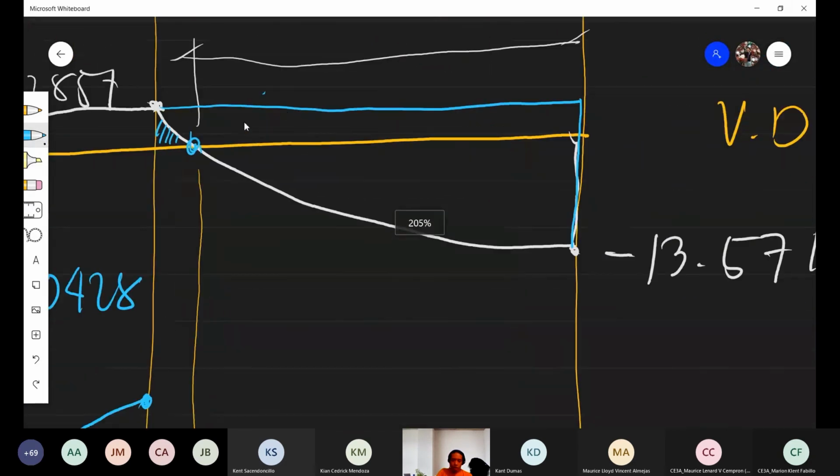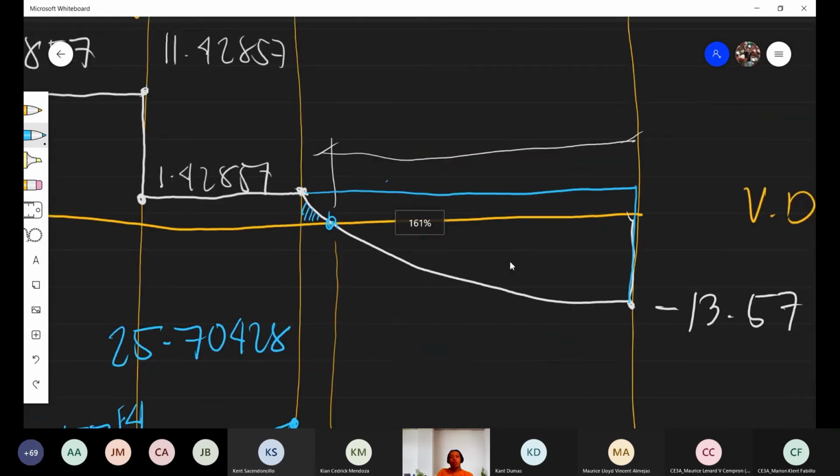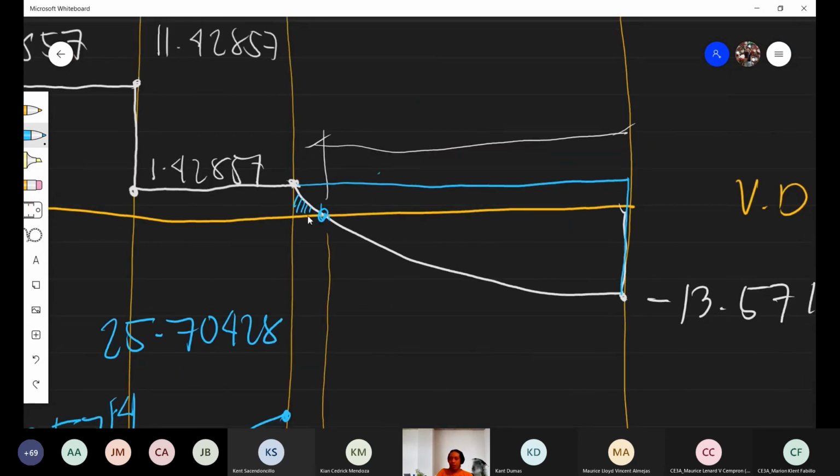Take note that that's not a spandrel because this point or this point does not belong to, is not the maximum value of the curve. I mean the minimum value of the curve. So there is a spandrel here. Right?